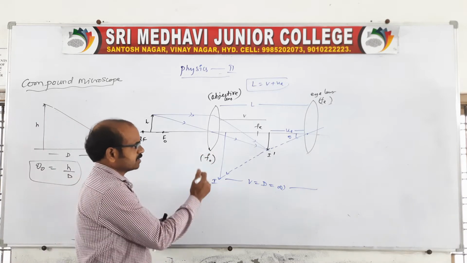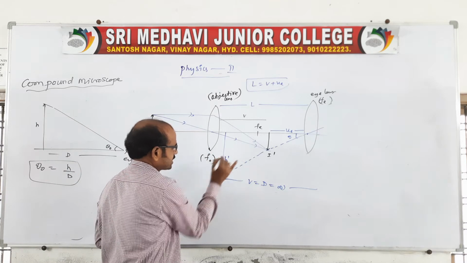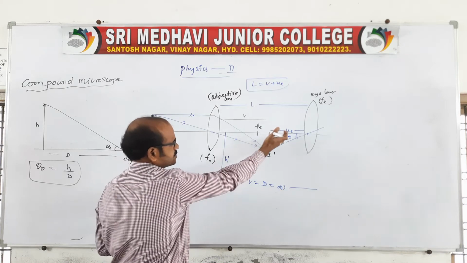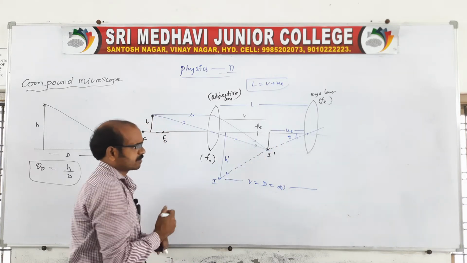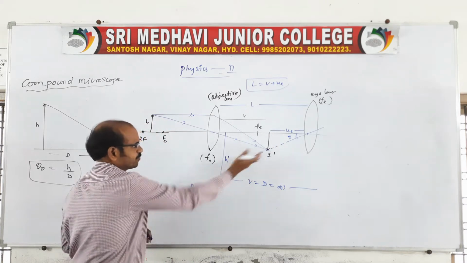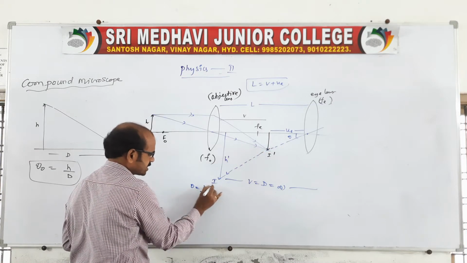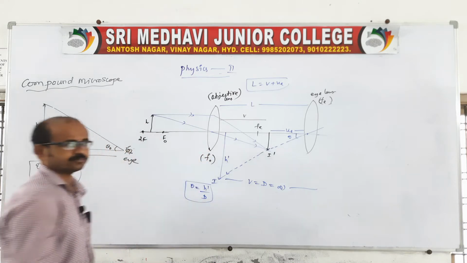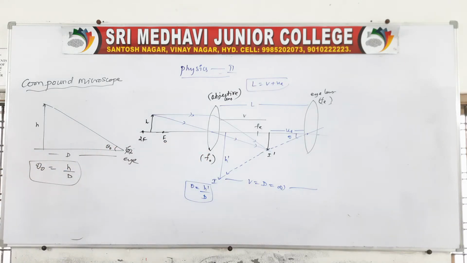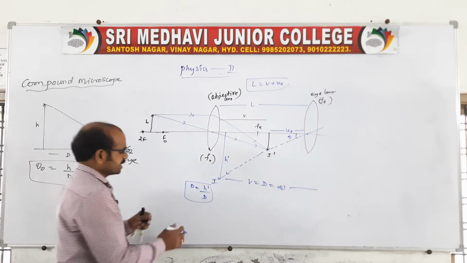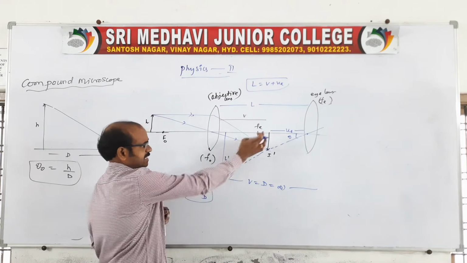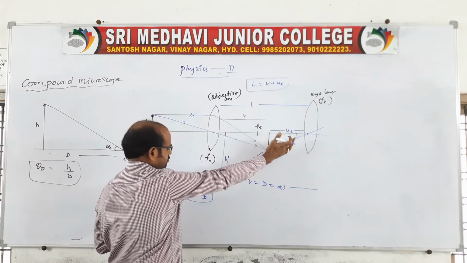The image height is h dash, and the relation will be theta is equal to opposite by distance, which is h dash by d. It is with an instrument, right? So with the instrument we get h dash by d, or we can say h dash by ue, the object distance.